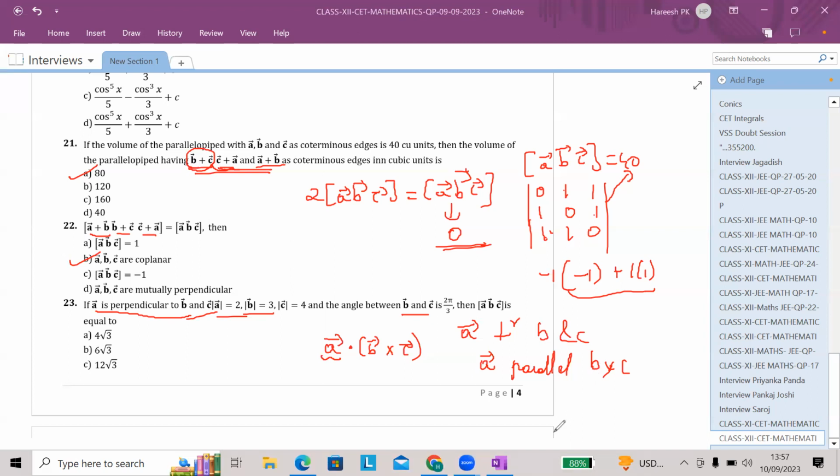So that means angle between this vector and this vector is 0 degree.